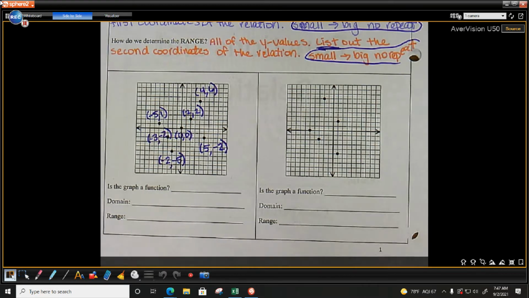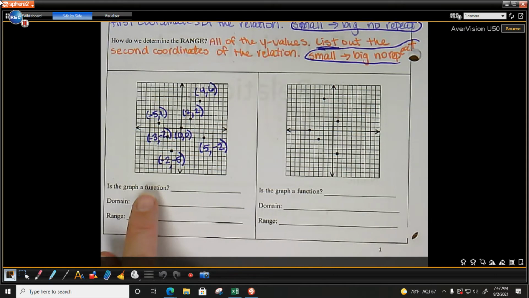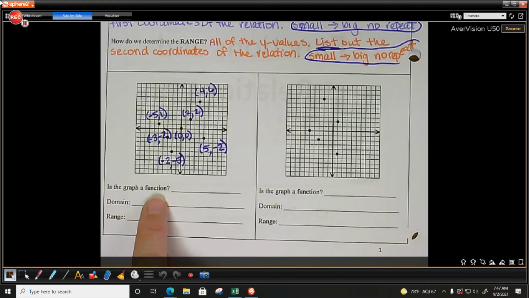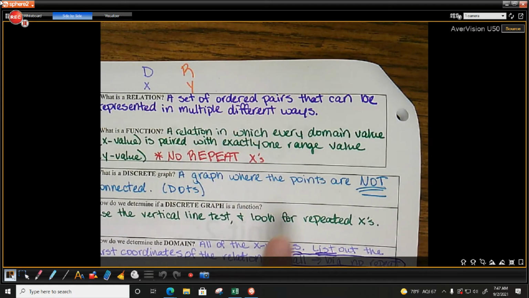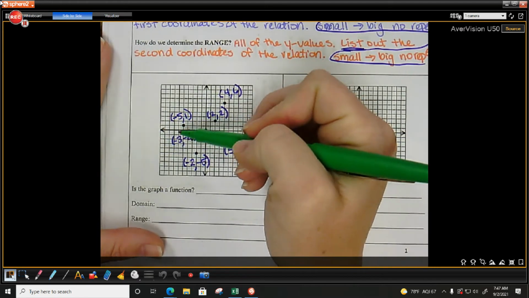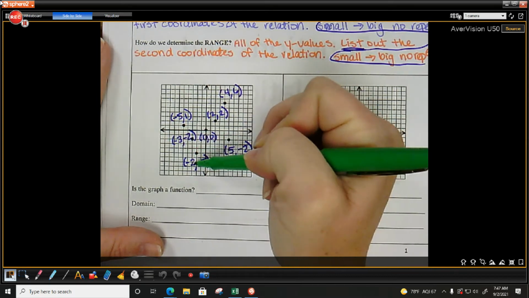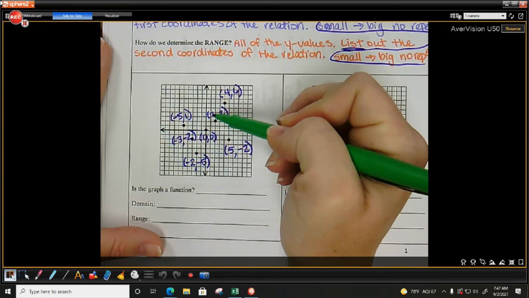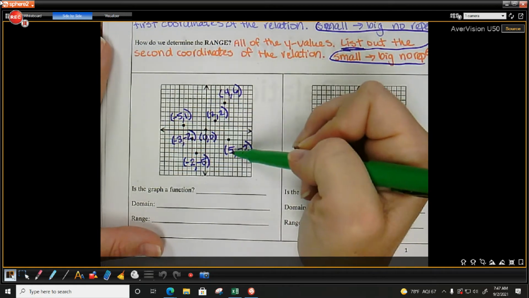Okay, so when we are determining whether something is a function, what do we look at? Repeated x's, okay? So let's look at our x values. Negative 5, negative 3, negative 2, 0, positive 2, positive 4, positive 5.